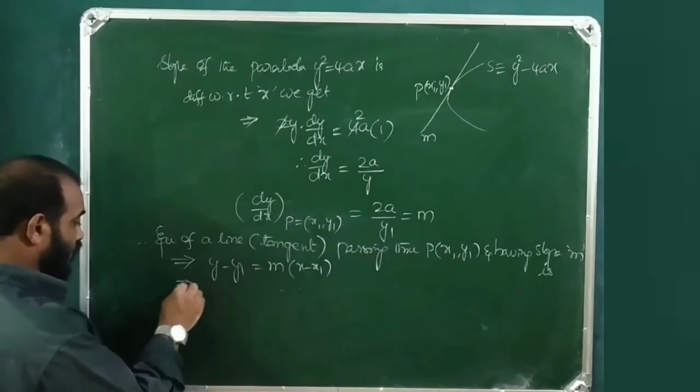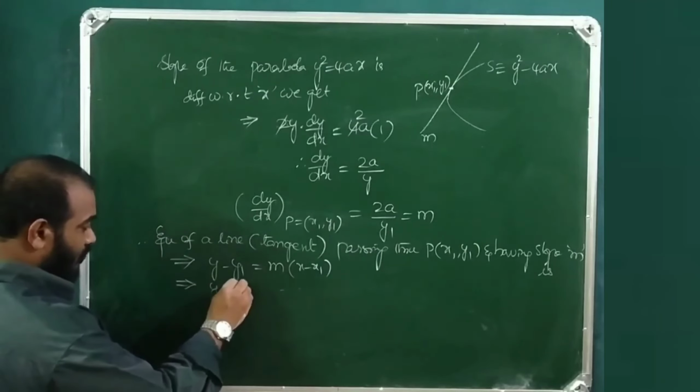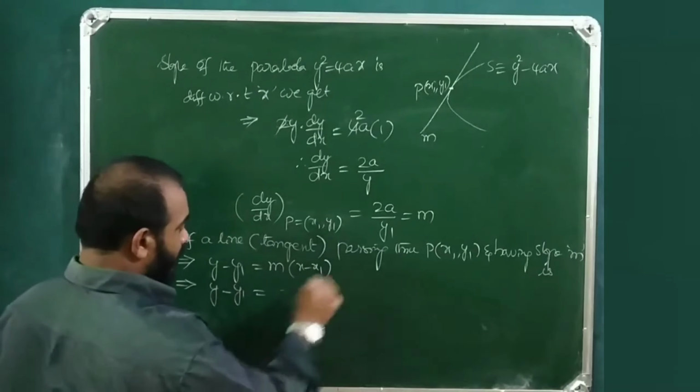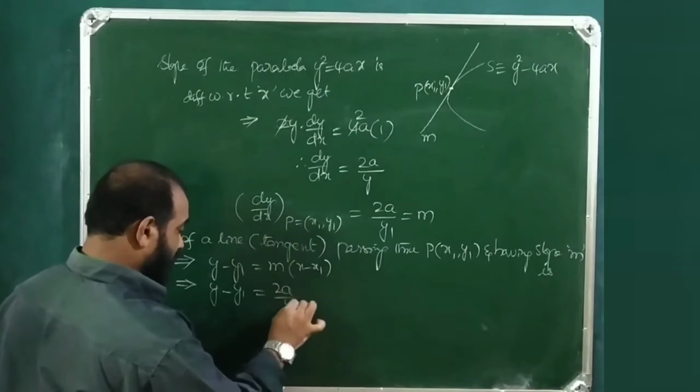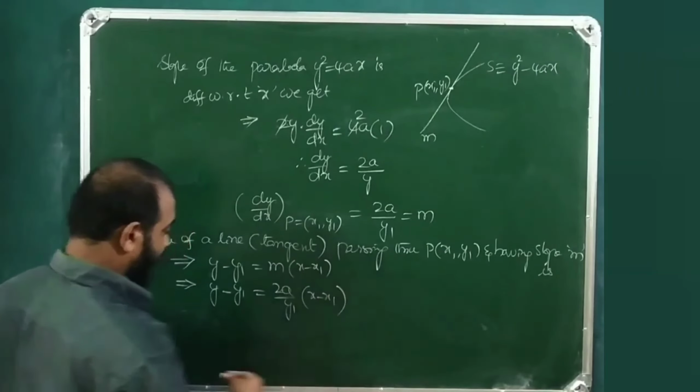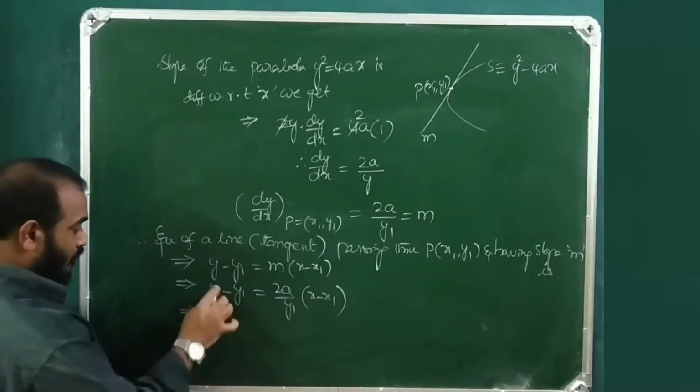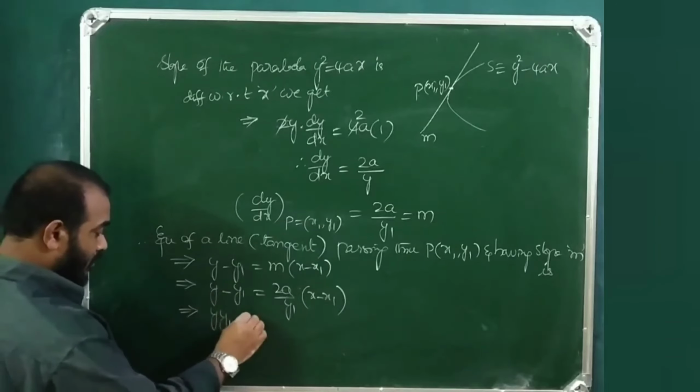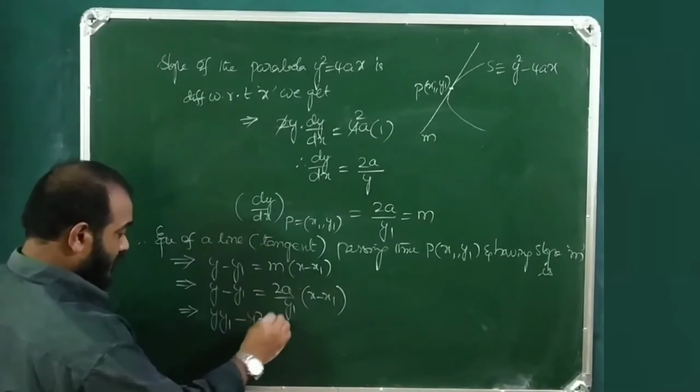So y minus y1 equals m, which is 2a by y1, into x minus x1. Cross multiplying, this is y y1 minus y1 square.